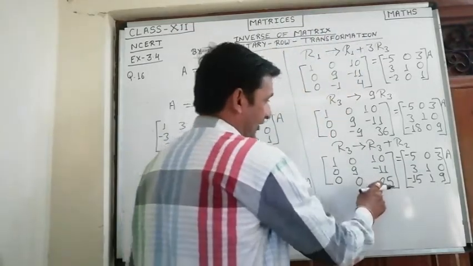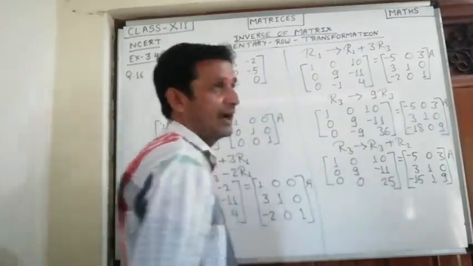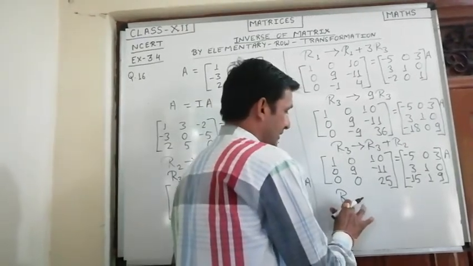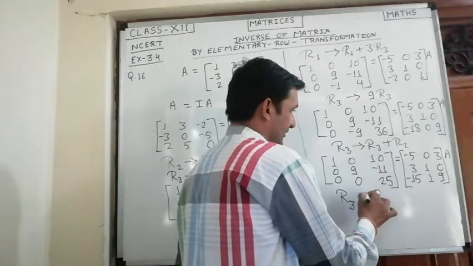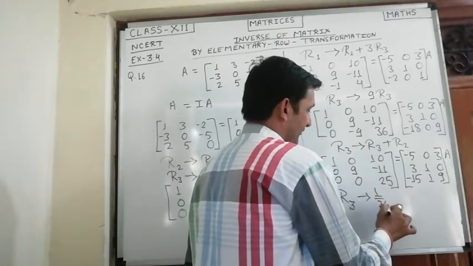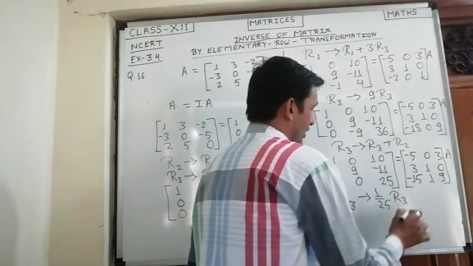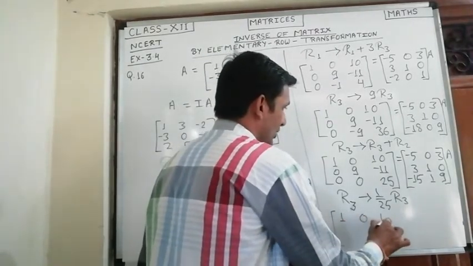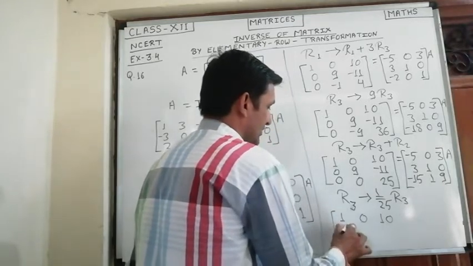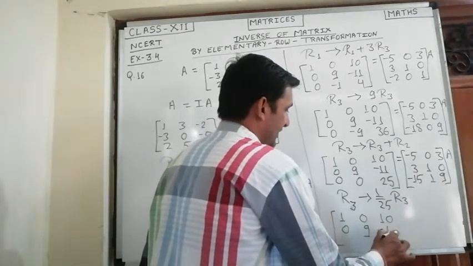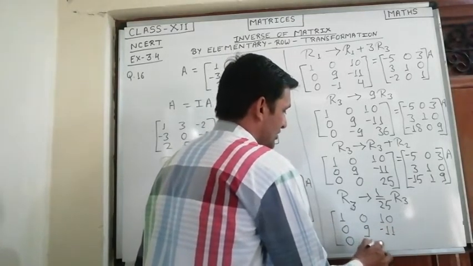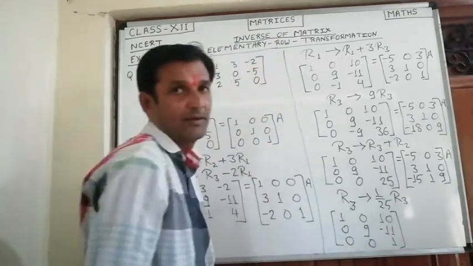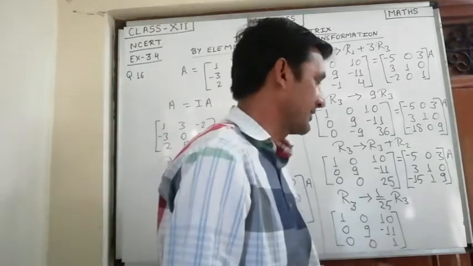Let us take 25 common, or you may write in R3, 1 by 25 R3. So what it will become? It will become like this: 1, 0, 10, 0, 9, minus 11, 0, 0, 1.